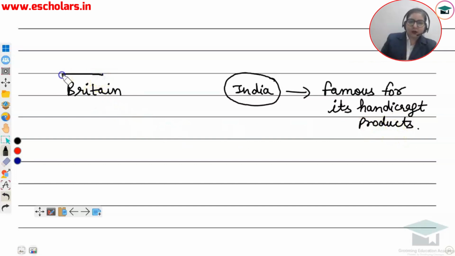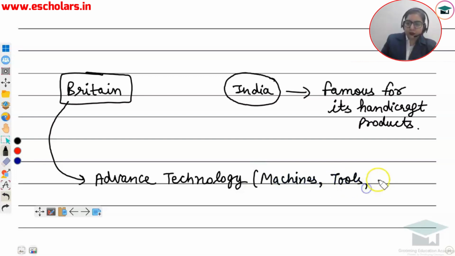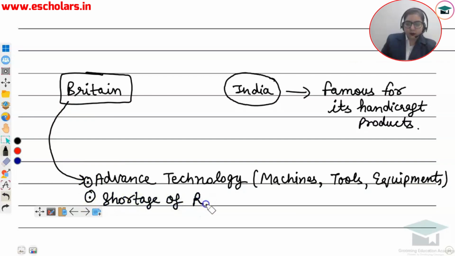And now let's talk about Britain. Britain was having advanced technology, that is machines, tools, equipment. But Britain was having a shortage of raw materials.